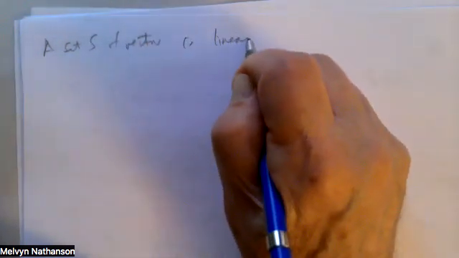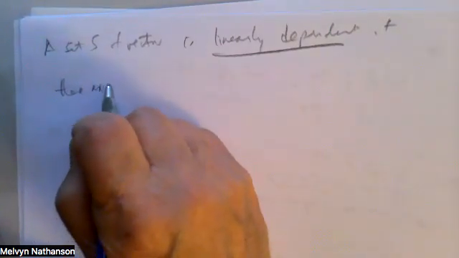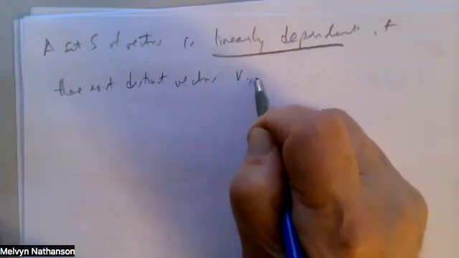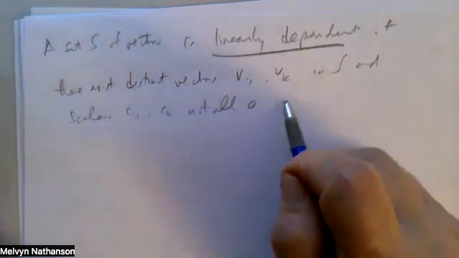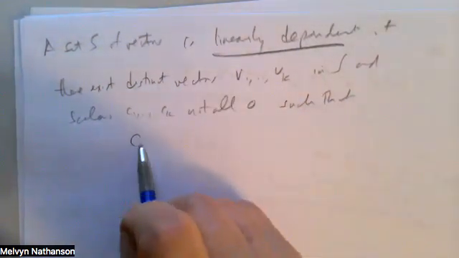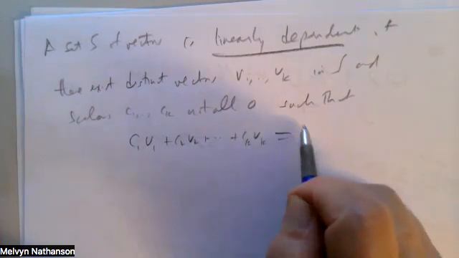Linear independence and linear dependence. So a set S of vectors is linearly dependent, not independent, but dependent, if there exist distinct vectors v1 up to vk in S and scalars c1 up to ck, not all zero, such that the linear combination c1v1 plus c2v2 up to ckvk is the zero vector.